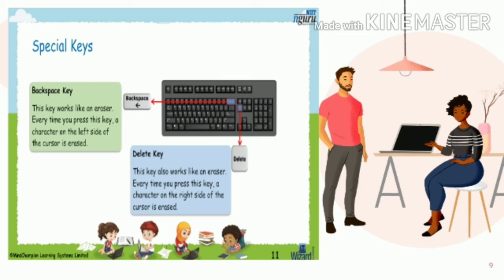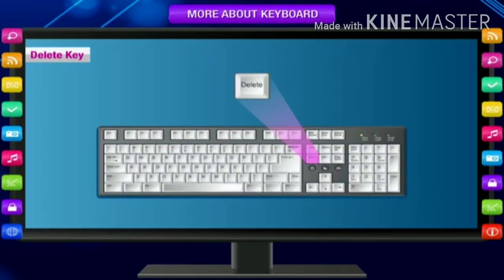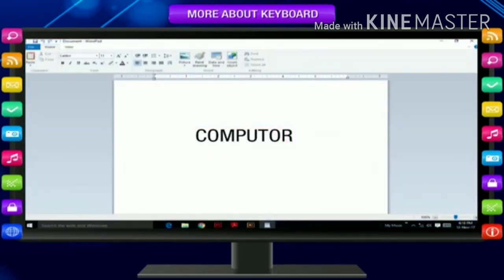Pressing this key erases any text on the right side of the cursor. For example, if you type COMPUTOR instead of COMPUTER, you need to correct the spelling. Take the cursor just before O and press the delete key to erase O and type E in its place. You can correct the typing mistake.